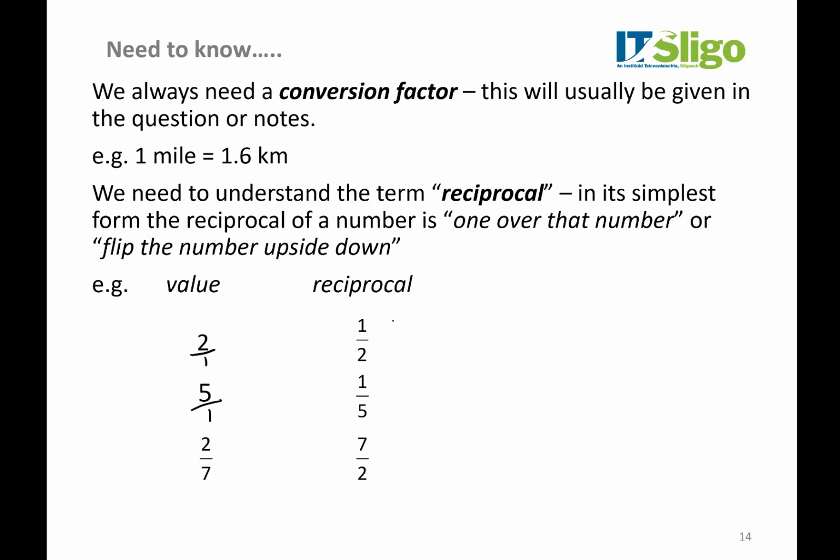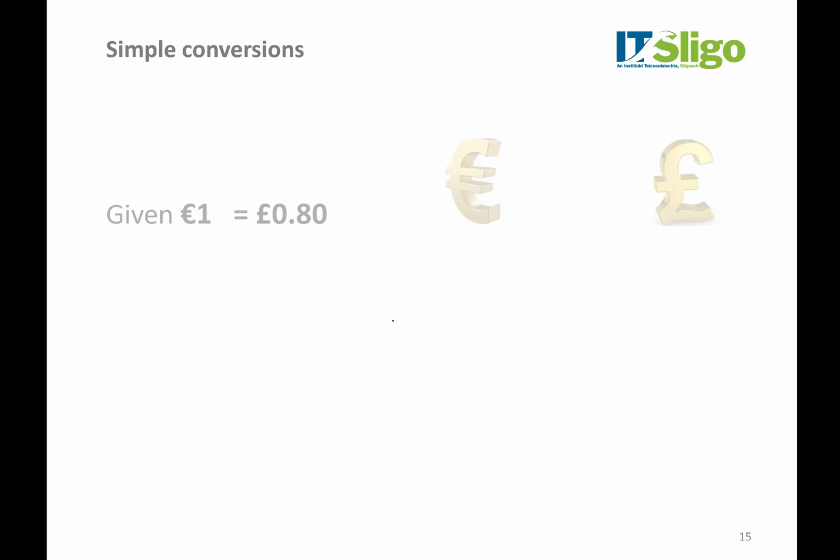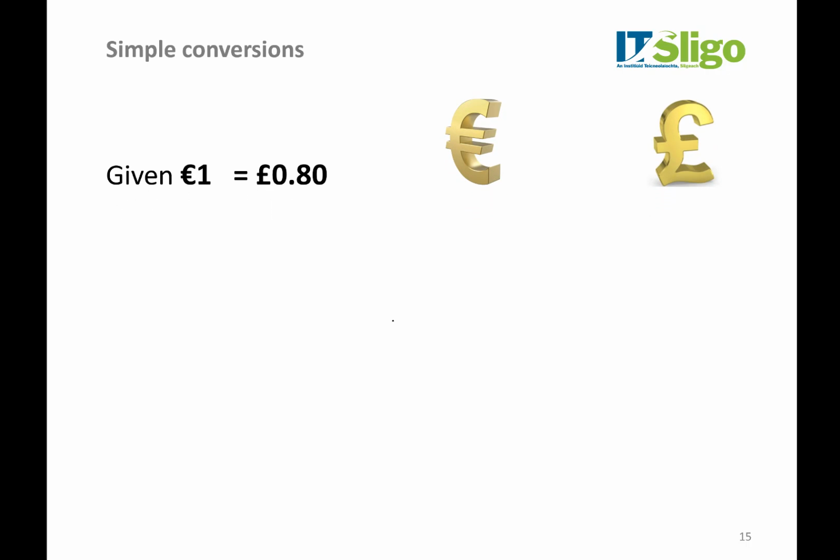And that gives us the reciprocal. So now we're going to see where the reciprocal actually has a role to play. Probably one of its most important roles, I would argue. Say we're given this conversion factor. €1 is 80 pence sterling. And we're asked to convert from euro to sterling.